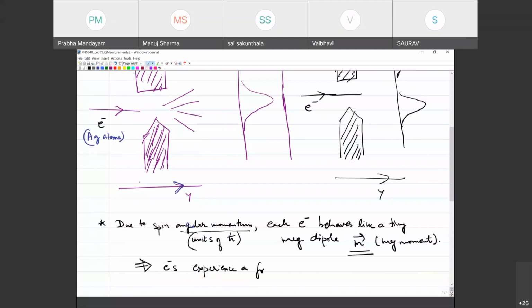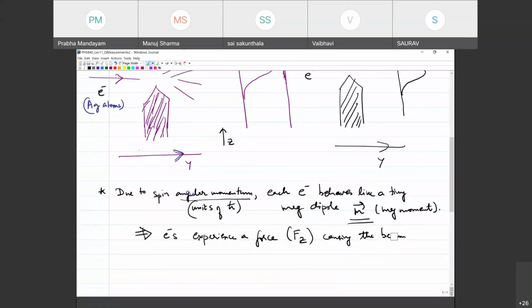The force that they will experience is along the direction of the inhomogeneity, which is the Z direction here, which causes the beam to deflect. So essentially it causes the beam to spread out.